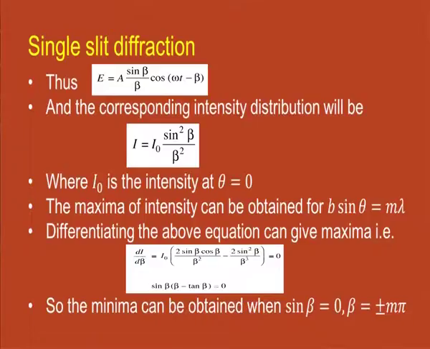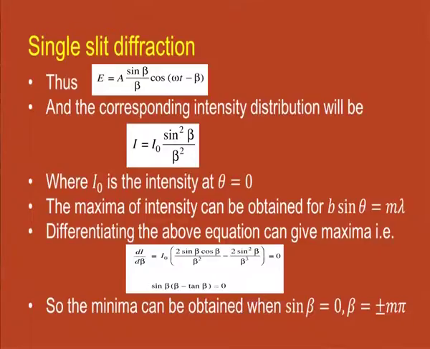The maxima of intensity can be obtained for b sin θ = mλ. Now, differentiating the equation that we obtained for the intensity, we can get the maxima, that is dI/dβ = I0 (2 sin β cos β/β² − 2 sin²β/β³) = 0.